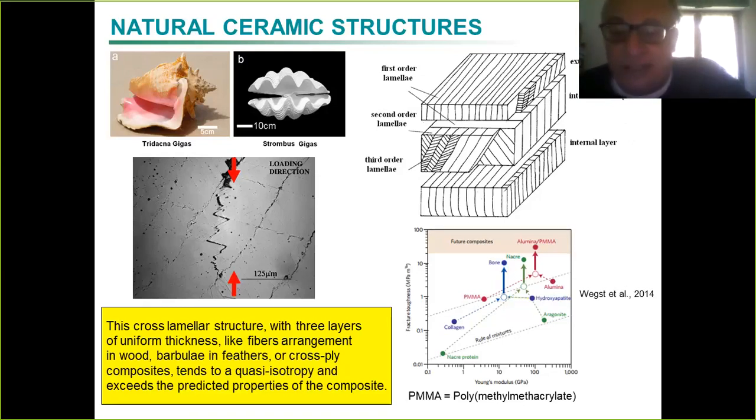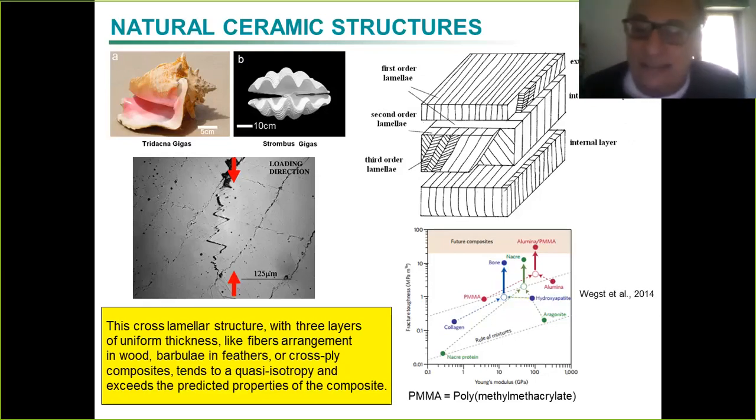Through the hierarchical structure, you go up to bone, and you go up by 2 orders of magnitude in fracture toughness, and almost so in Young's modulus, just by hierarchization. That's why it's interesting. If you start from the nacre protein, it's even better: you go up by 3 orders of magnitude in toughness, and almost so in Young's modulus.